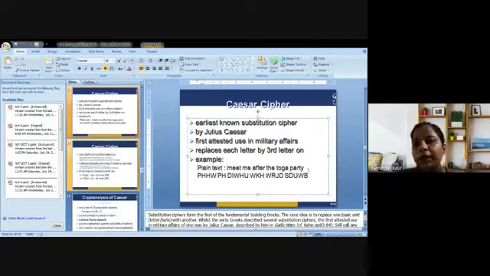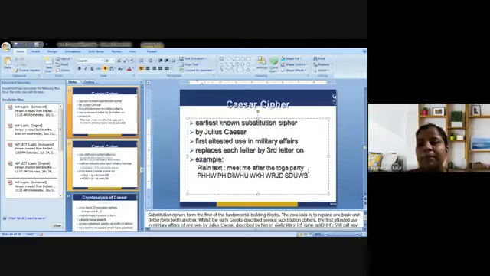Same with toga: T will be represented by W, O by R, G by J, and A by D. So toga will be WRJD.